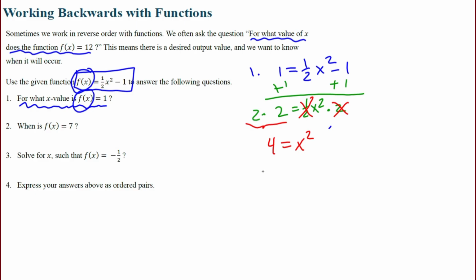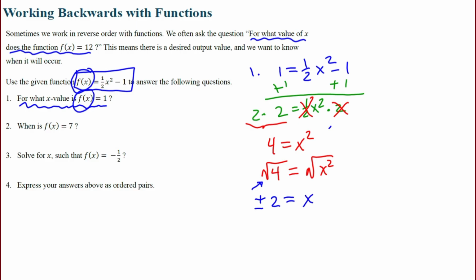And now we're going to introduce a square root. And the square root will cancel the square. But anytime we introduce the square root, that symbol, it wasn't a part of this problem originally, we introduced it, we have to consider both the positive and the negative values that can come from that.